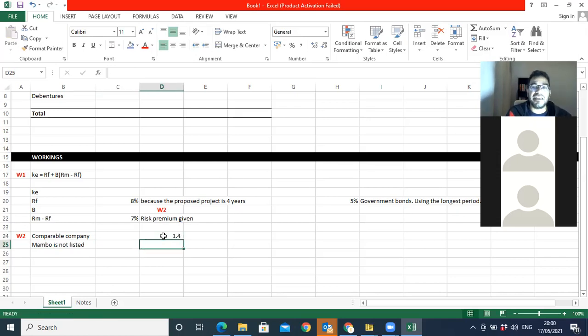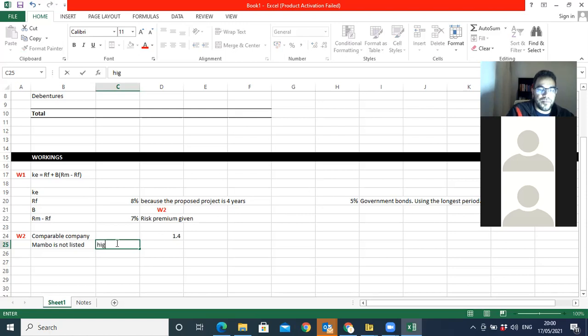Unfavorable means it will increase the risk, so Mambo has higher risk. Not being listed means Mambo is riskier relative to the comparable company. Okay, so we're happy with that.